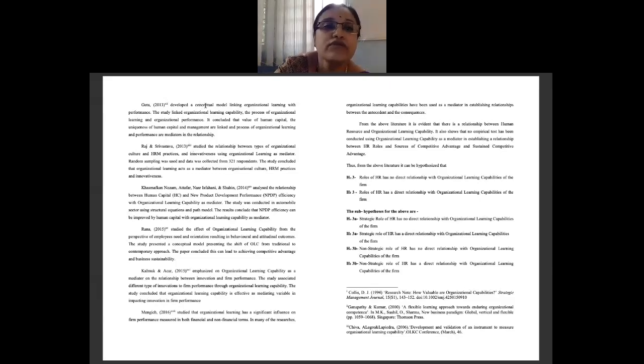Now, one more thing when it comes to review of literature is writing your end notes. This is very, very important. There are certain universities which will tell you whether you should have end notes at the end of each and every chapter, or you will have to give footnotes.